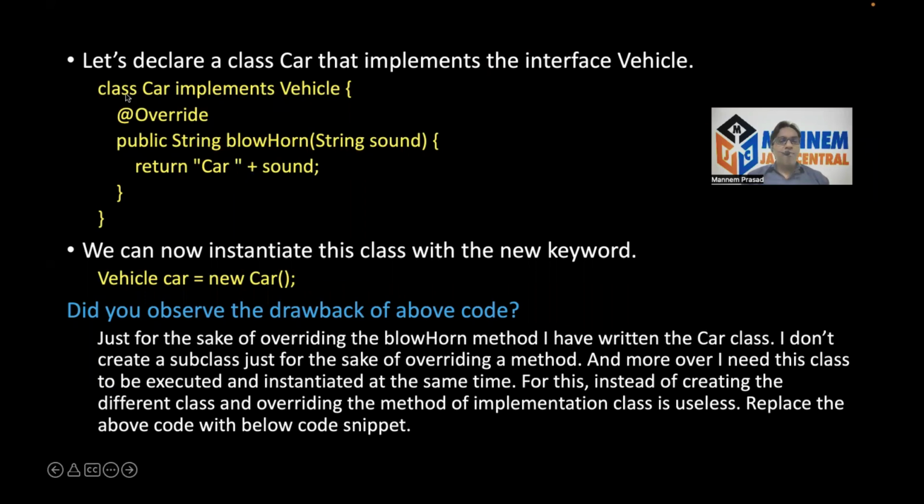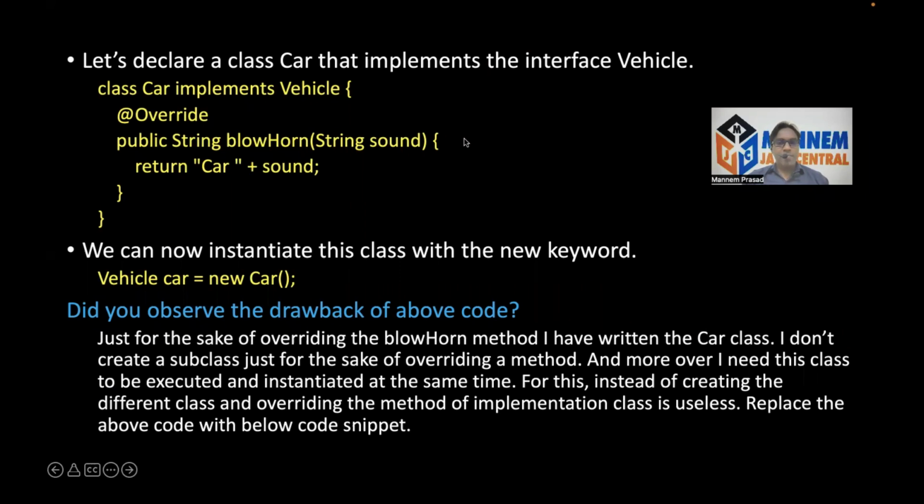So writing a car class just for overriding the blow horn method is useless. Instead of writing a separate car class, we have to take the anonymous inner class concept in a test class. So replace the above code with an anonymous inner class.